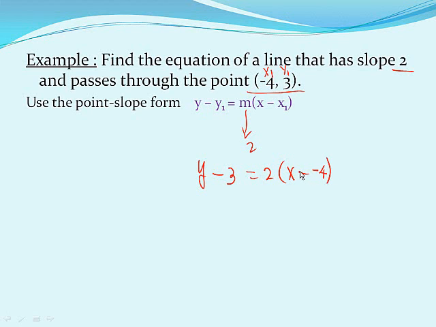So we have a negative here, another negative. So I can actually distribute this. 2x plus 8 equals y minus 3, and I can rewrite this again as y equals 2x plus 11.